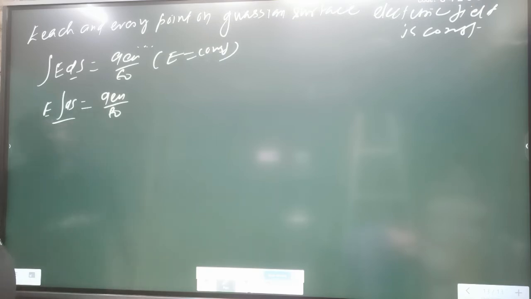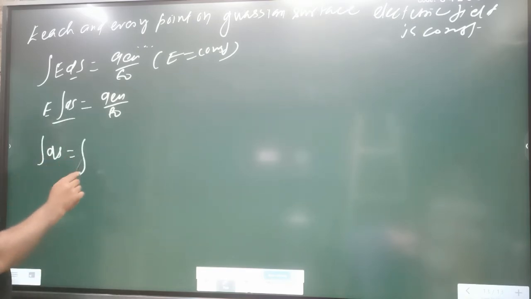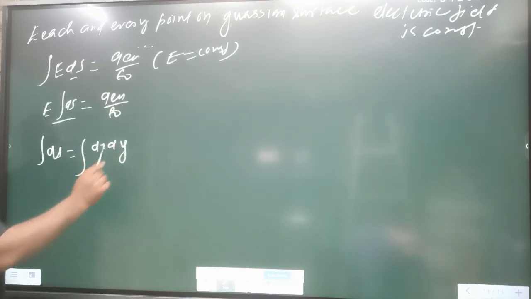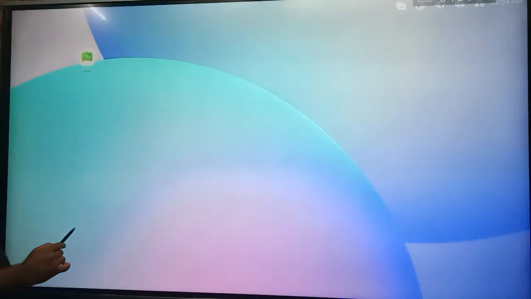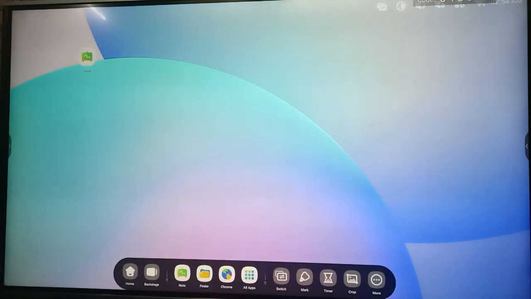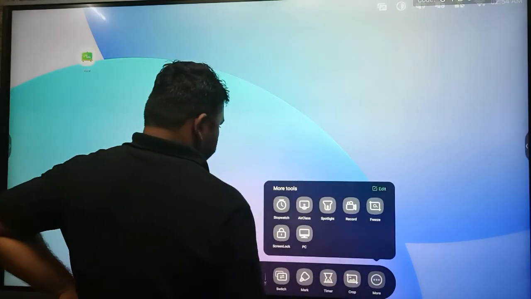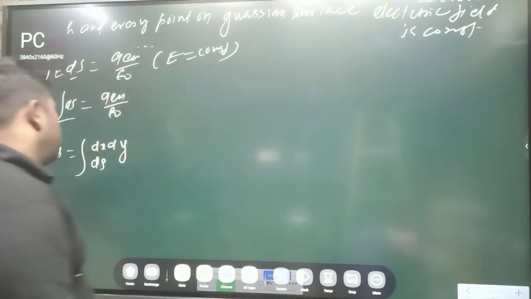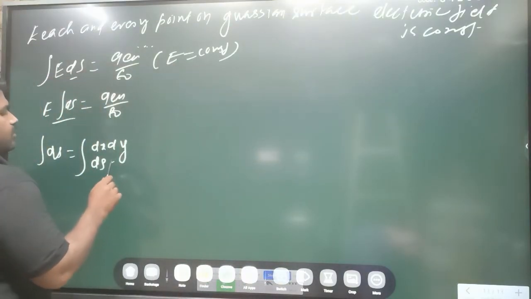dS is the area. This depends upon the system. If the system is Cartesian, then dx dy. If the system is cylindrical, then d rho d phi.